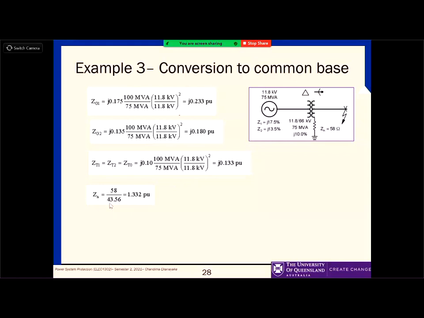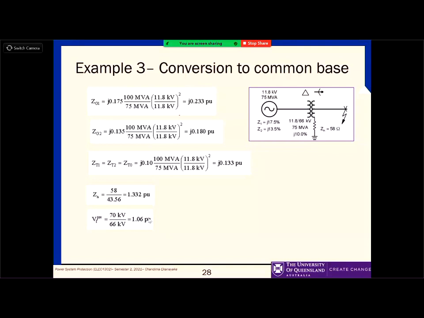And the other thing, which is very important: in the question it says that just before the fault, the voltage was 70 kV. You need to convert it to the base that you are now using. So your base is 66 kV, right?